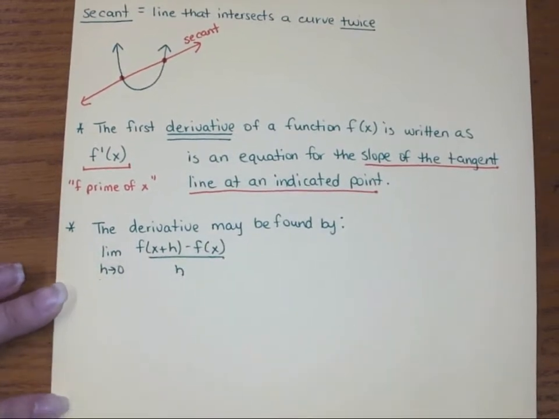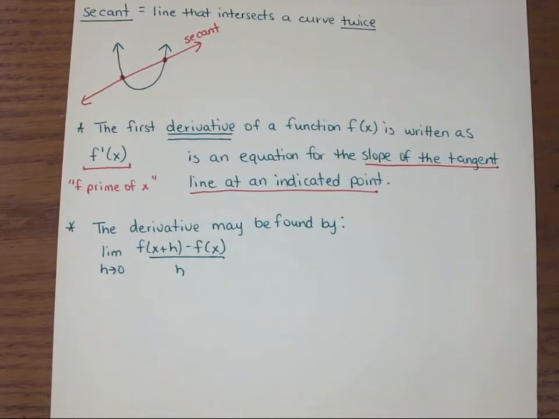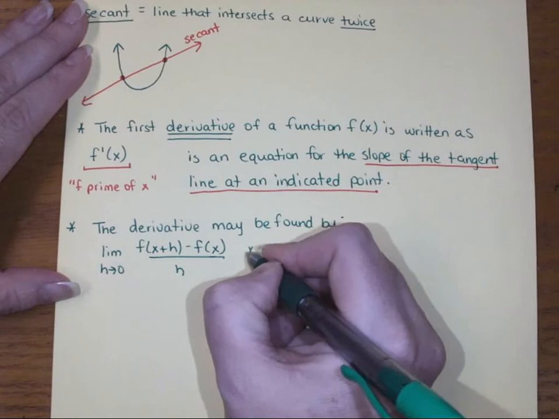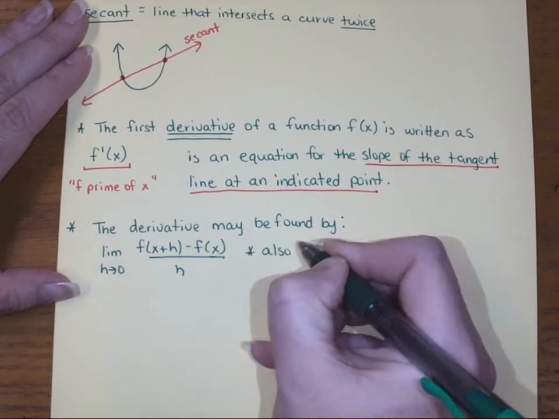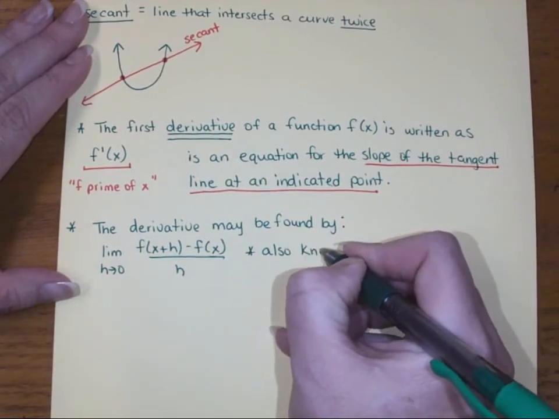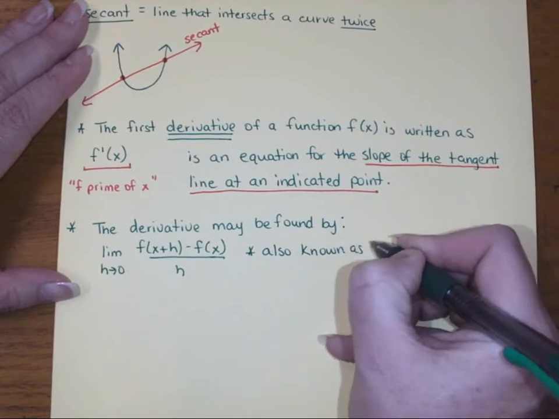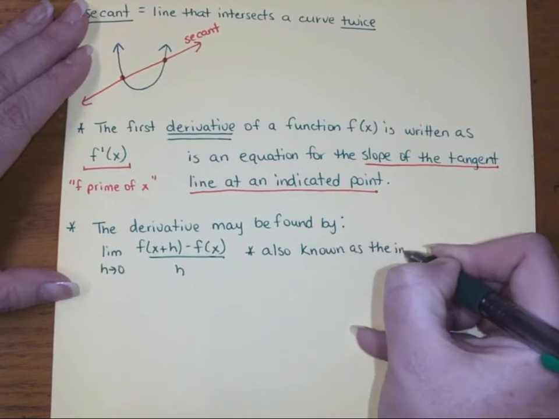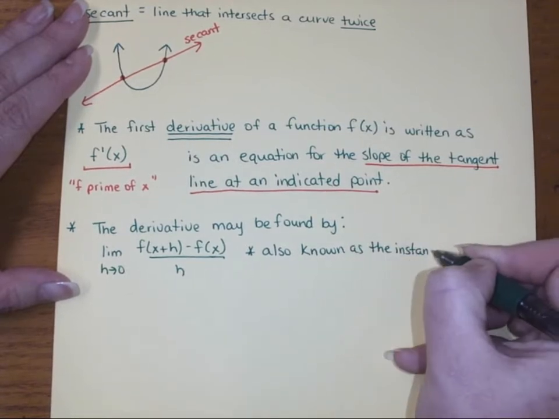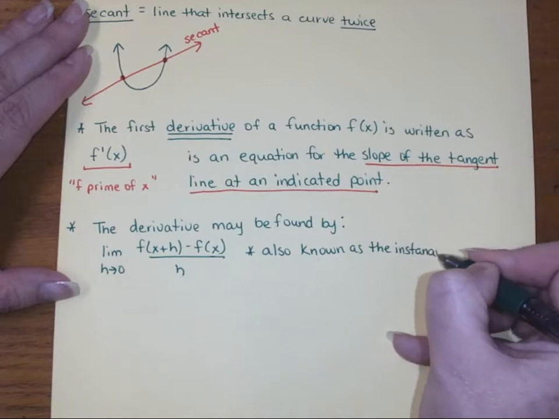So the formula for the derivative of any function is always f of x plus h minus f of x all over h, and then you take the limit as h approaches 0 of that function. Okay. And just so you know, this is also what we would call the instantaneous rate of change. And we're going to compare that with another type of rate of change here in a little bit.